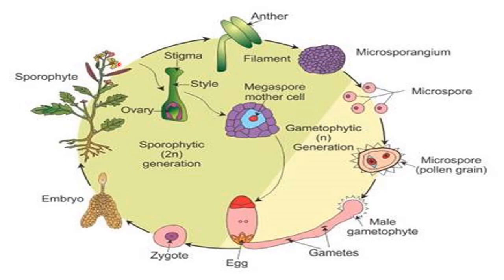That's why this is a flowering plant or angiospermic plant. This is called the sporophytic body of the plant, because in angiosperms and gymnosperms, sporophyte is the dominant phase. All these structures, stem, roots and leaves, are diploid, and this type of plant body is called the sporophytic plant body. So this is a sporophyte.